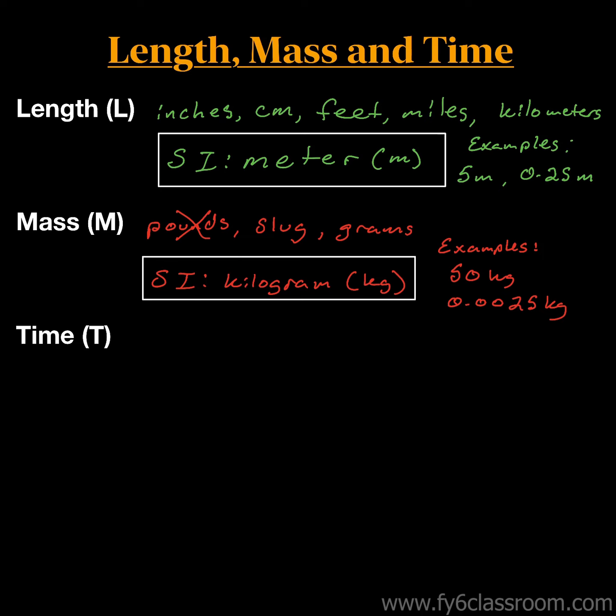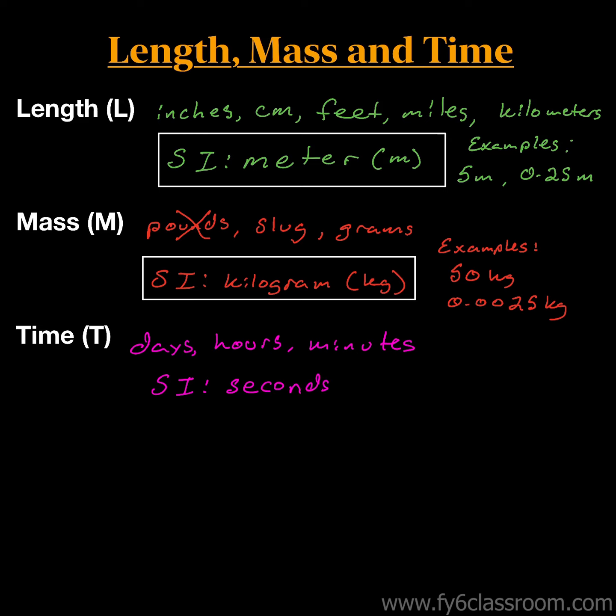And last but not least, we'll talk about time. Time is kind of a strange thing to think about when you really think about it deeply, but we know that time can be measured in days. We can measure it in hours, minutes, years, months, weeks, and so on. But the scientific way to represent time, the SI way, is the second.